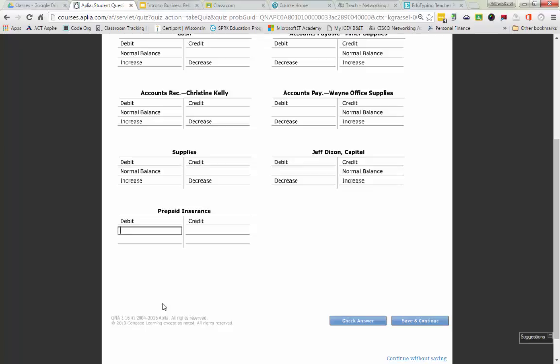Own. We own it. So we own our insurance policy, so it's going to be an asset. What side of the accounting equation are assets on, Clayton? Left. So its normal balance is going to be called? Yes. Good job.